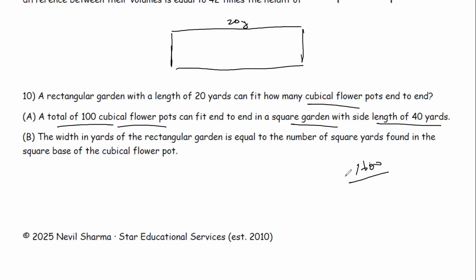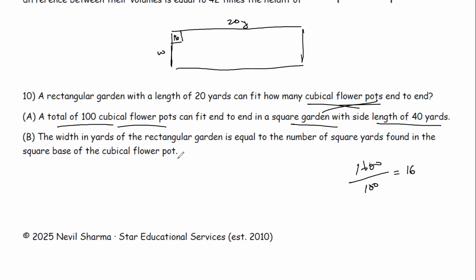Divide that by 100, and that gives me the base area of 1 cubical flower pot. So that's the base area, 16. Are you with me? But then we don't know the width.